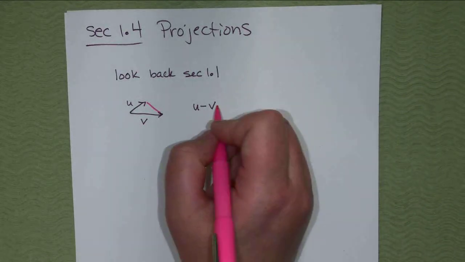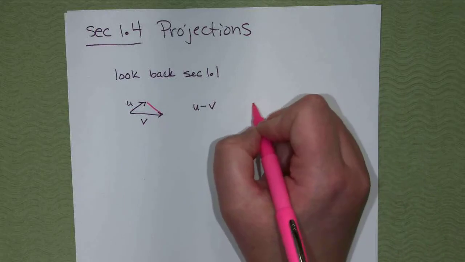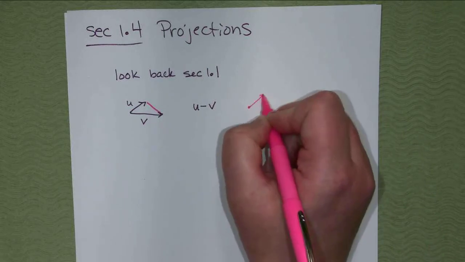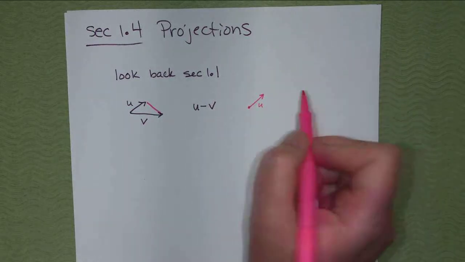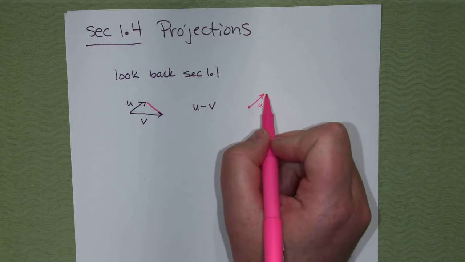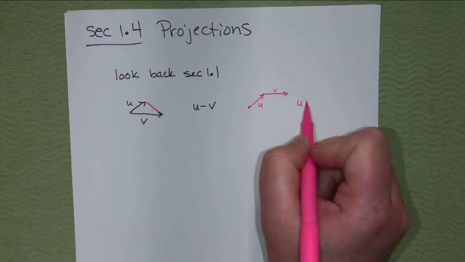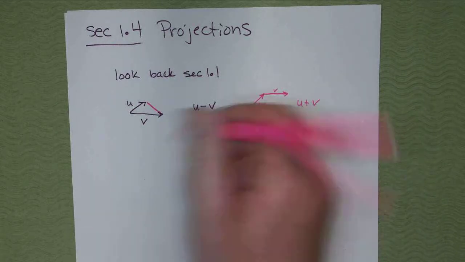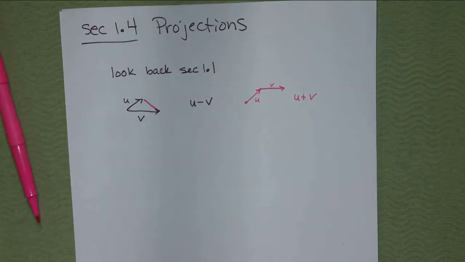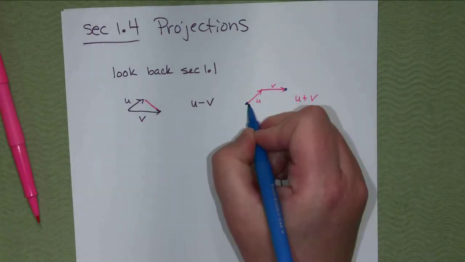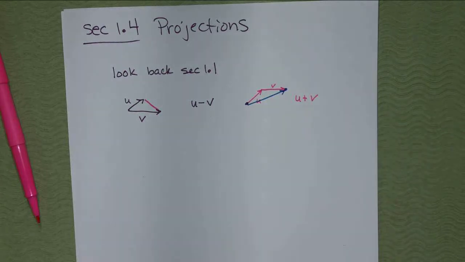So if we do u minus v, that means we go in the direction of u, so there's u, and then from the end of this, remember, this would be u plus v. We started here and we ended here, so that gives us that vector in that direction, u plus v.